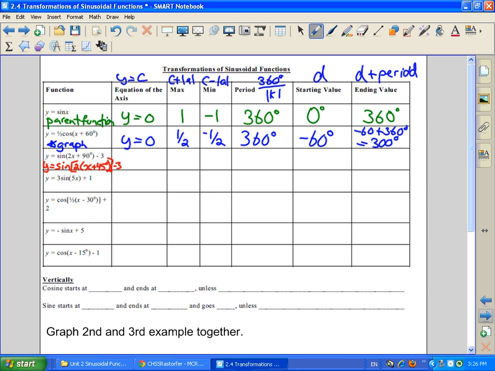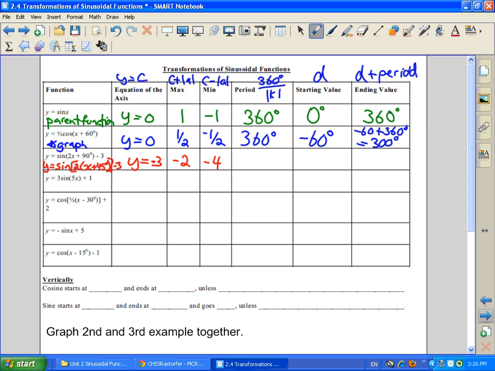So in this case, we do have a C value, which means our axis is now y equals -3. We have an axis of -3, and we have an A value of 1. So our max in this case is going to be -2. So you go 1 up from your axis and 1 down, which is -4.